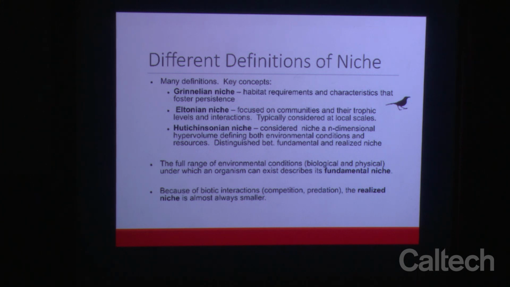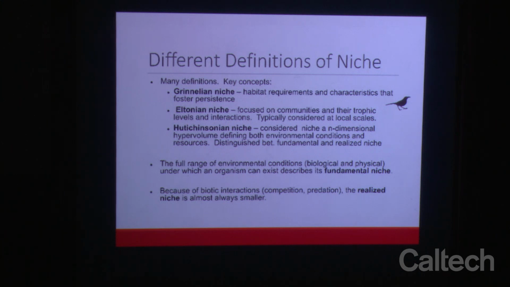So the Eltonian niche is really about these biotic interactions, and it's typically considered at local scales. Then G. E. Hutchinson and the Hutchinsonian niche considered the niche as an n-dimensional hypervolume defining both environmental conditions and resources, and made the critical distinction between the fundamental and the realized niche.